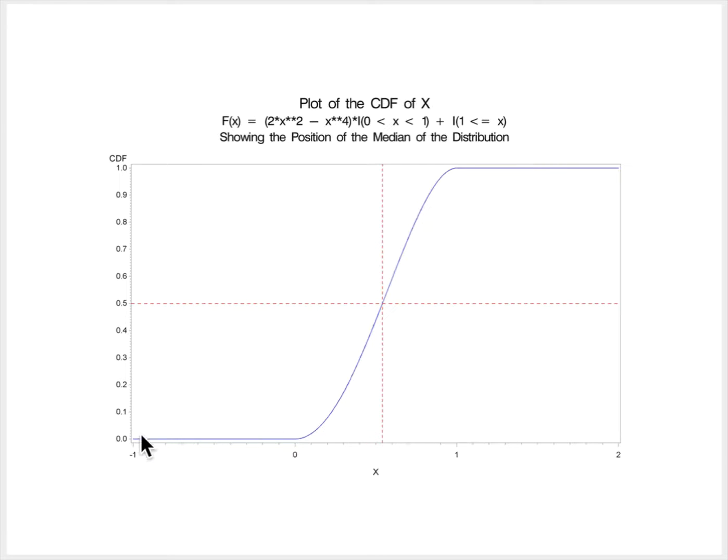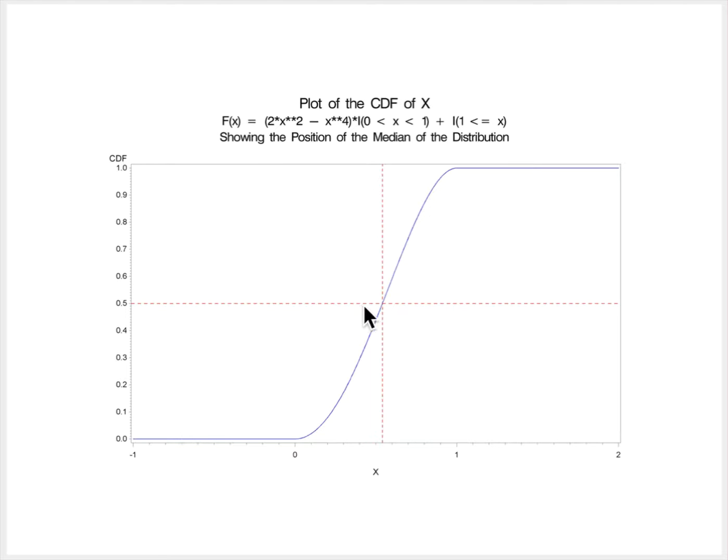And so here I've got a graph to illustrate this. I've got the CDF of x graphed here, and I've drawn a horizontal line at the desired level of the percentile we're looking for, in this case the 0.5 level, or we could also call it the 50% level.